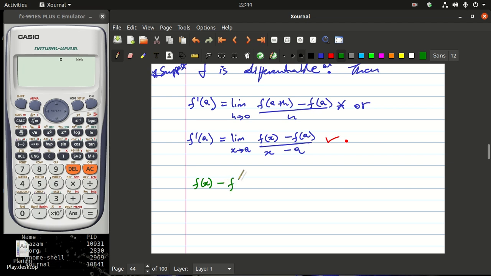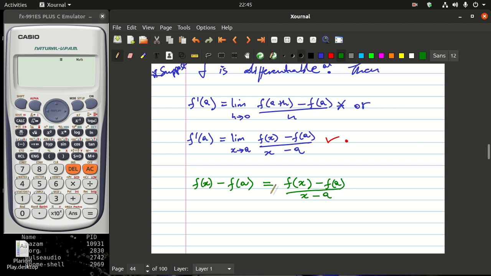minus f of a is the same as f of x minus f of a. That is true. And I also want you to notice that when we pick x approaching a, this x is not the same as a, but a value very close to a, which means that when I'm dividing by x minus a, this value is not 0.